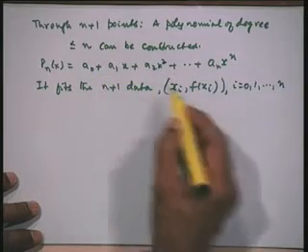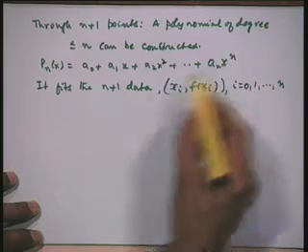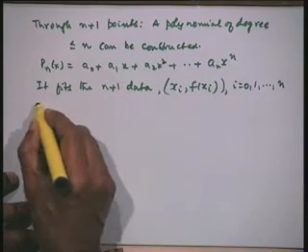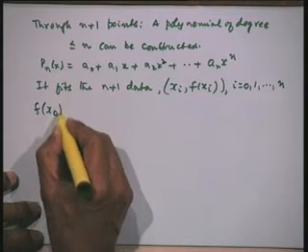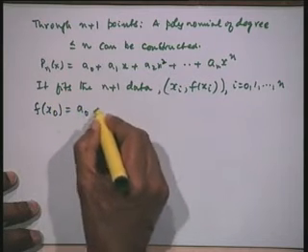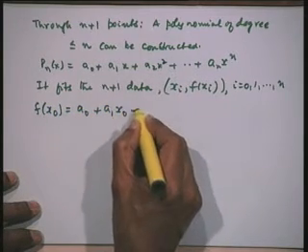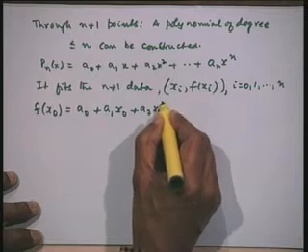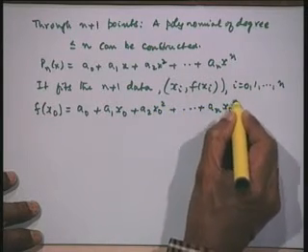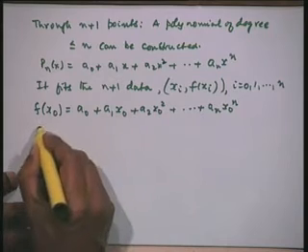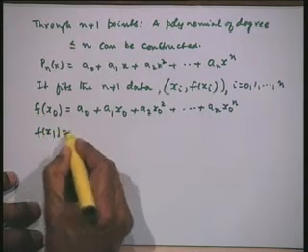Therefore, let us substitute the values x_0, x_1, x_2, ..., x_n here. So, we will have P_n at x_0, that is f(x_0), equal to a_0 + a_1 x_0 + a_2 x_0^2 + ... + a_n x_0^n. Similarly, x_1 also satisfies.